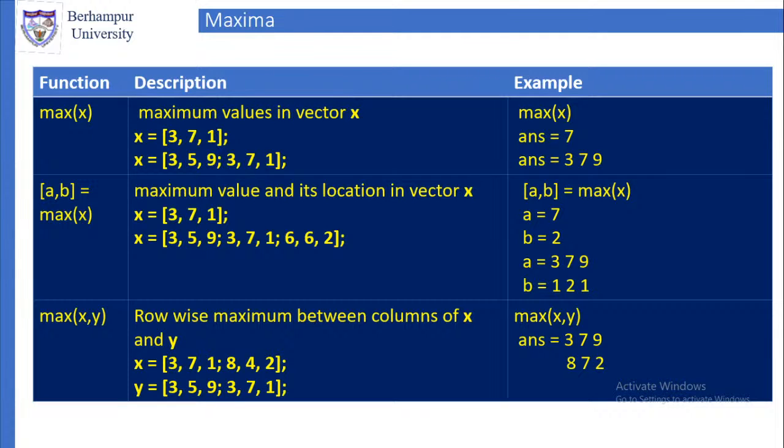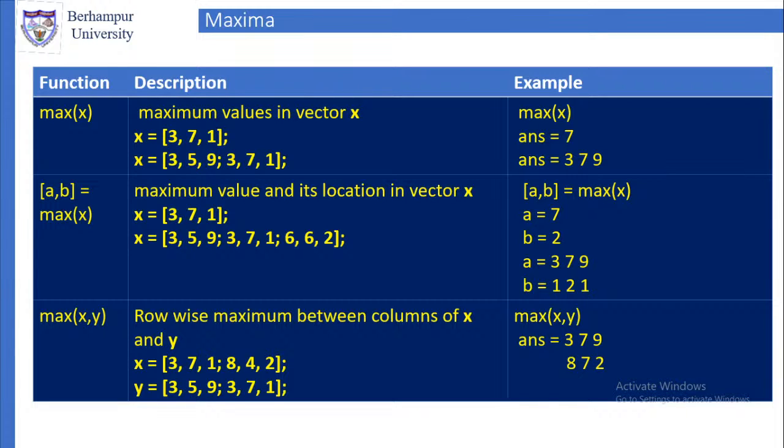Then max(x, y). Max(x, y) gives the element-wise maximum between x and y. For example, suppose x is equal to [3, 7, 1; 8, 4, 2]. So x is a 2 cross 3 matrix. Similarly, y also is a 2 cross 3 matrix, [3, 5, 9; 7, 3, 1].